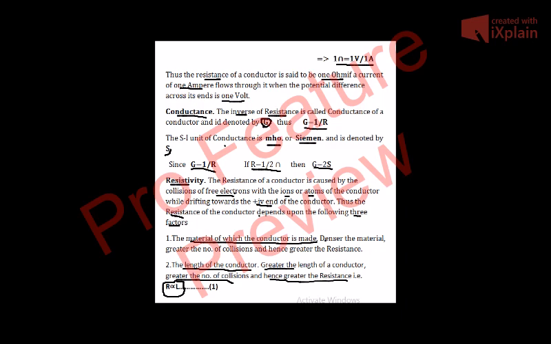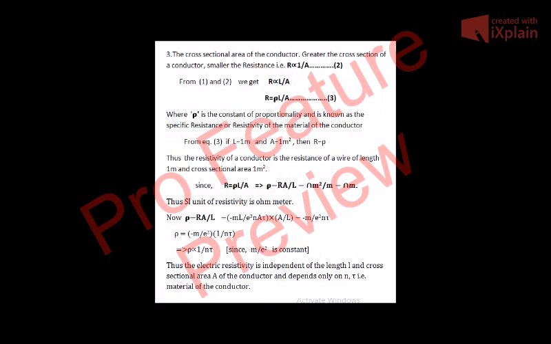Number three, it depends upon the cross-sectional area of the conductor. Greater the cross-sectional area of the conductor, smaller will be the resistance. For example, if we take two pipes, one of greater cross-sectional area and the other of smaller cross-sectional area, and a person is asked to pass through the pipes, he will easily pass through the pipe with greater cross-sectional area compared to the pipe with smaller cross-sectional area.